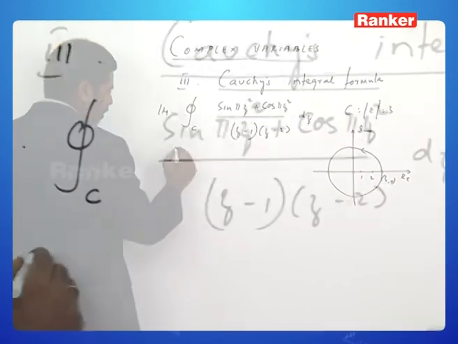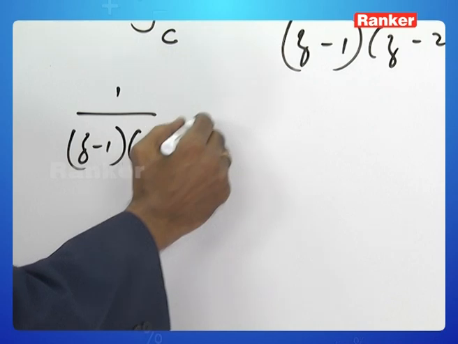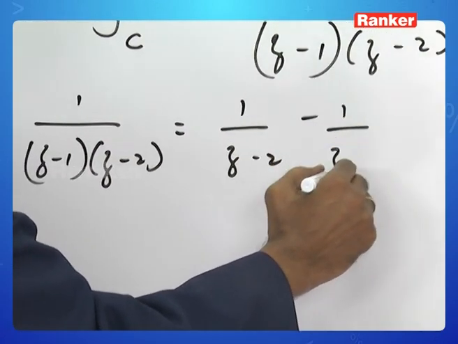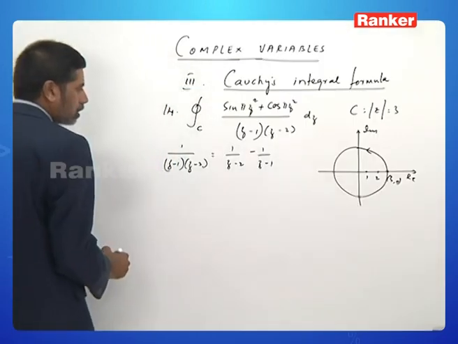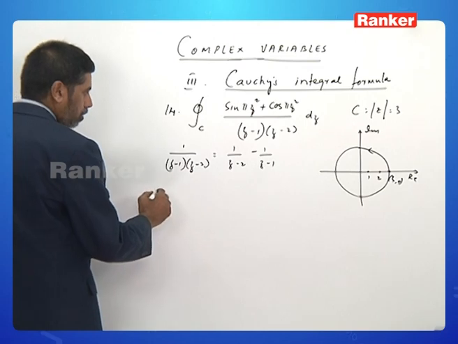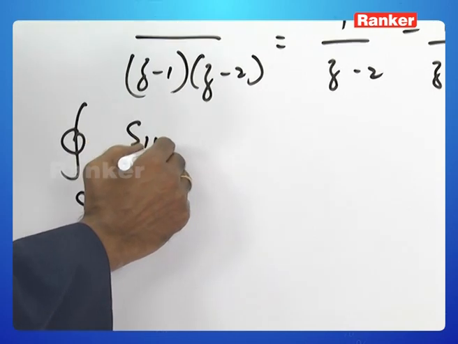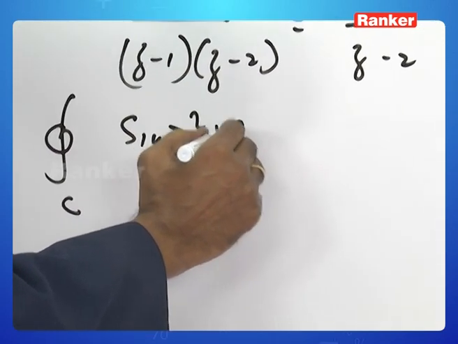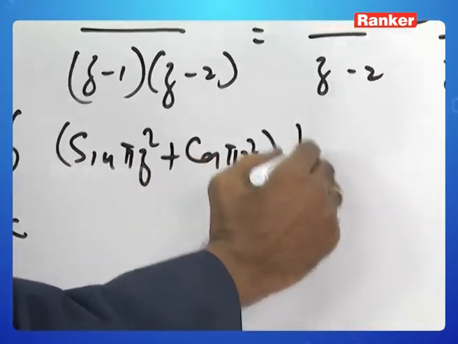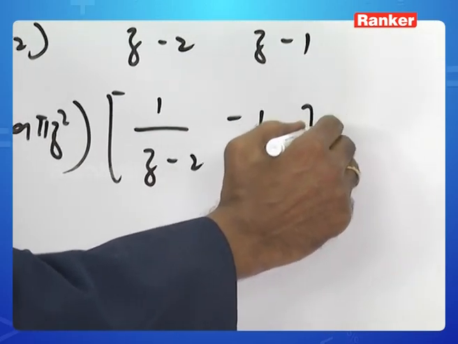So, again you take partial fractions of this function, you will get 1 by z minus 2 minus 1 by z minus 1. So, therefore, the problem is now sin pi z squared plus cos pi z squared into 1 by z minus 2 minus 1 by z minus 1 dz.